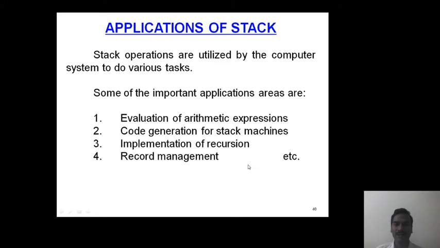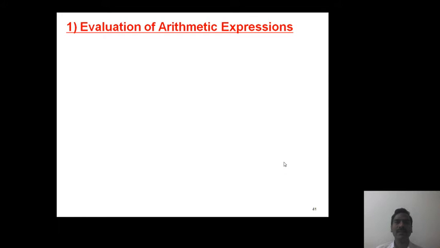Now as per our syllabus, we consider two important applications: evaluation of arithmetic expressions and implementation of recursion. First application, evaluation of arithmetic expressions. Now what is meant by an arithmetic expression?